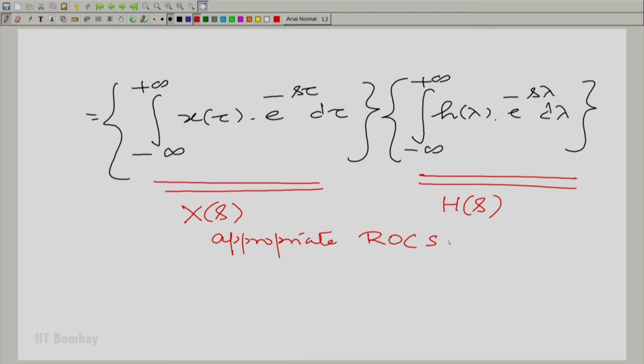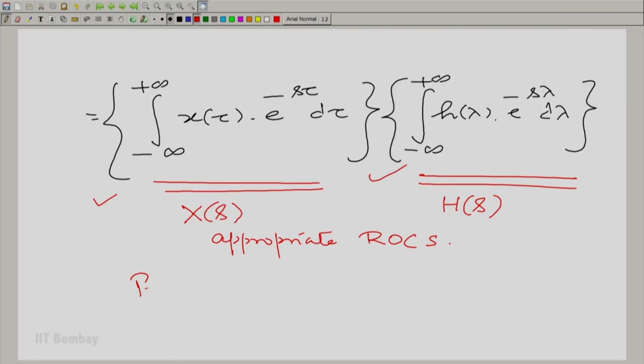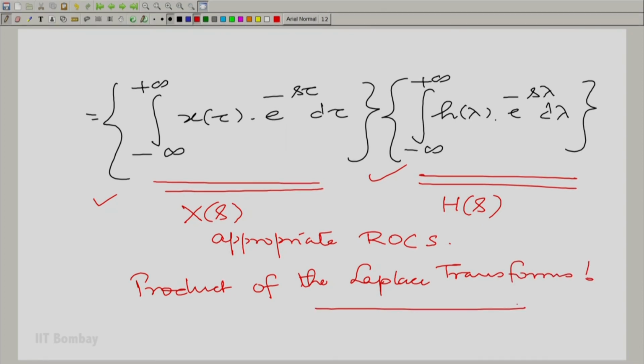Now, you see the difficult question here is what happens to the region of convergence in toto, that is when you try and consider the convergence of this product. The first thing that we have to note is that we have a very significant result here. Look at the expression, essentially it is a product of the Laplace transforms, a very significant result.